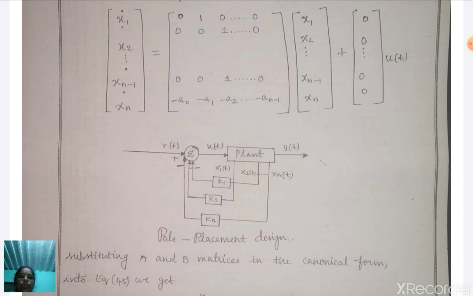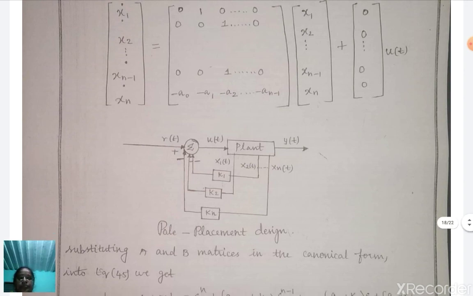That is the change in load u of t only, and y of t is nothing but the output. Then that is the states x1 of t to xn of t. This diagram represents the pole placement design of the state space model using automatic generation control in interconnected power system.